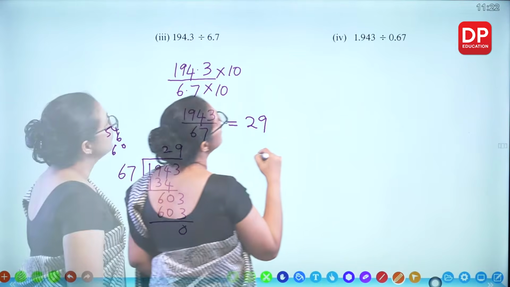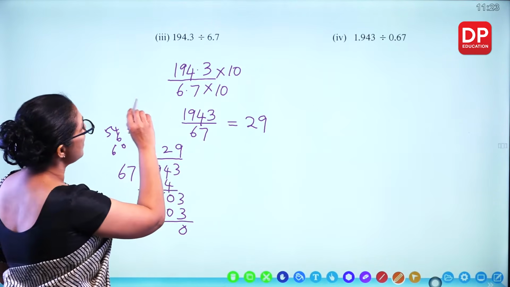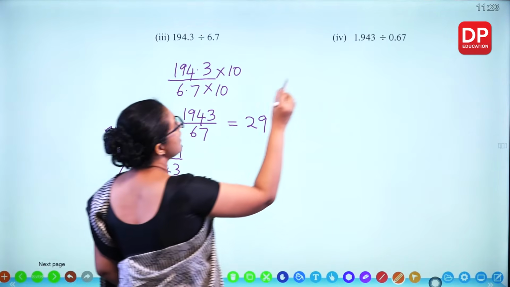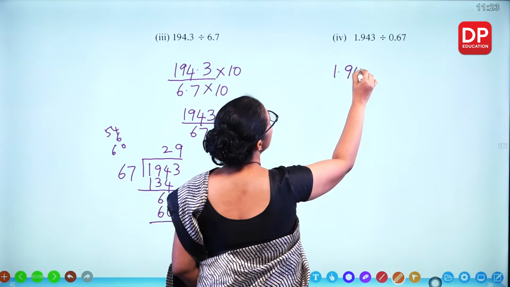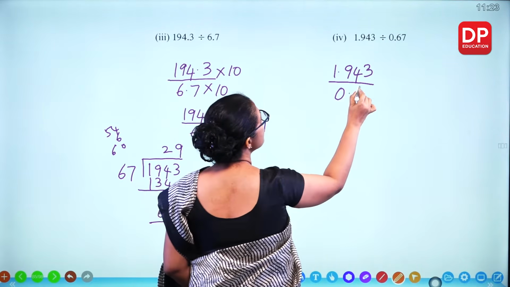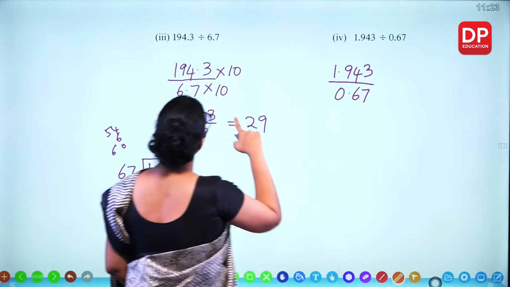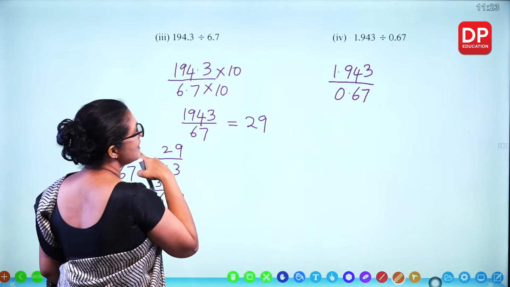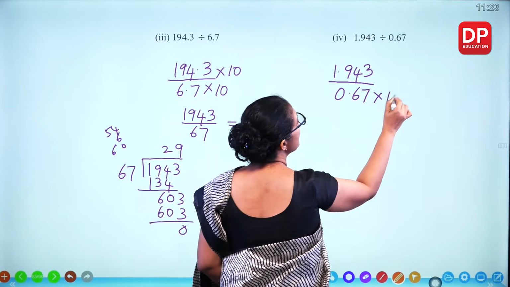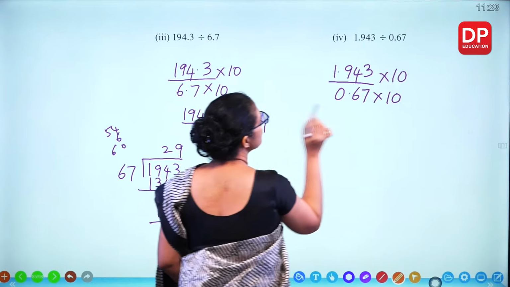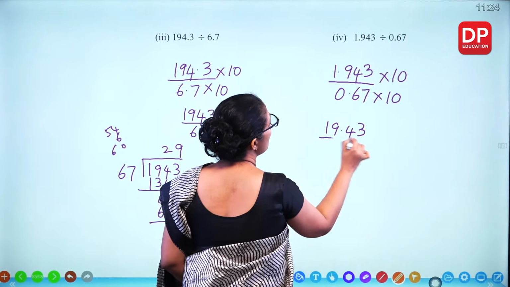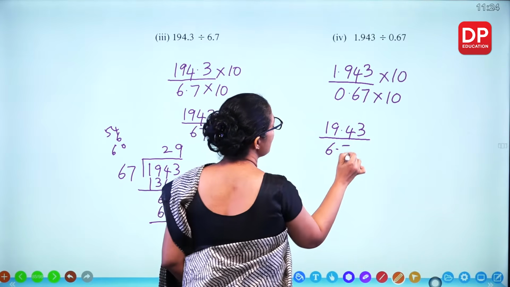This one. Now look at the other one here. Same digits, only the decimal places are different. So I can write this one 1.943 over 0.67. Here if I can convert to the same thing, I can check it. So this is 6.7, which means I can multiply this by 10. Then 19.43 over 6.7.